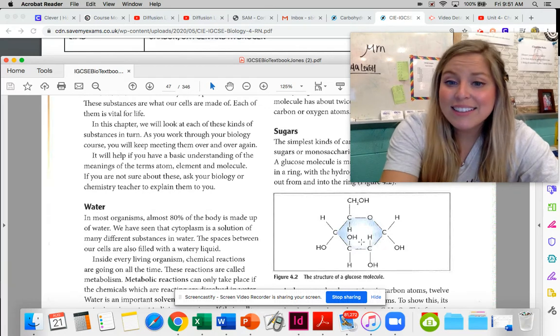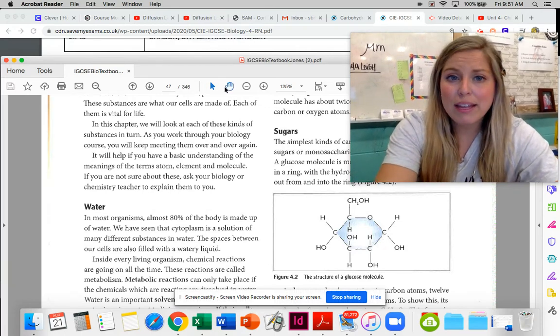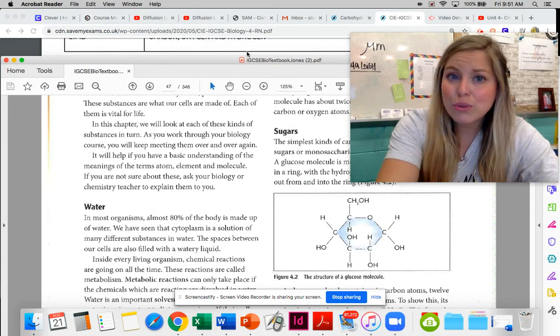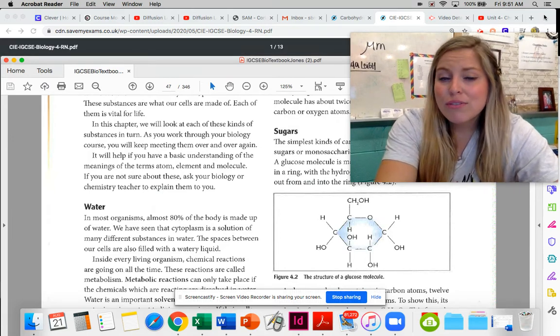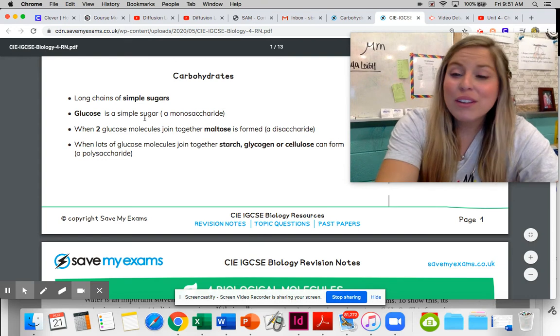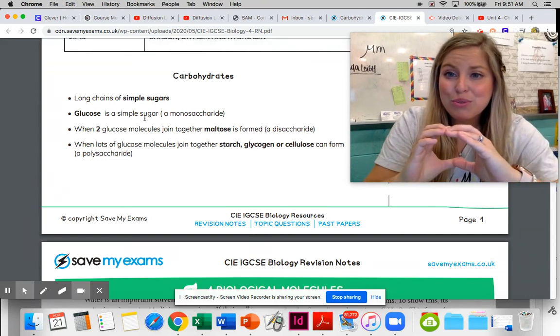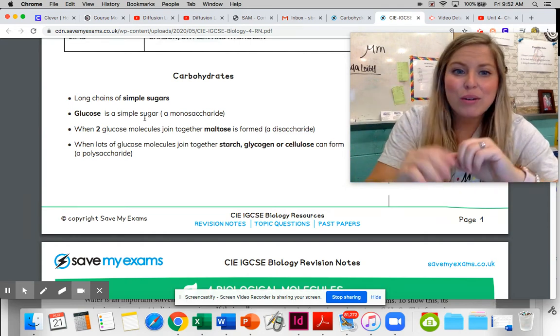So this is a hexagon shape, and we would call this a monosaccharide because it's one individual glucose molecule. So if we come back, you're going to see that, yes, glucose is the simple sugar. It's that monosaccharide, that one individual hexagon shape of the carbon ring.